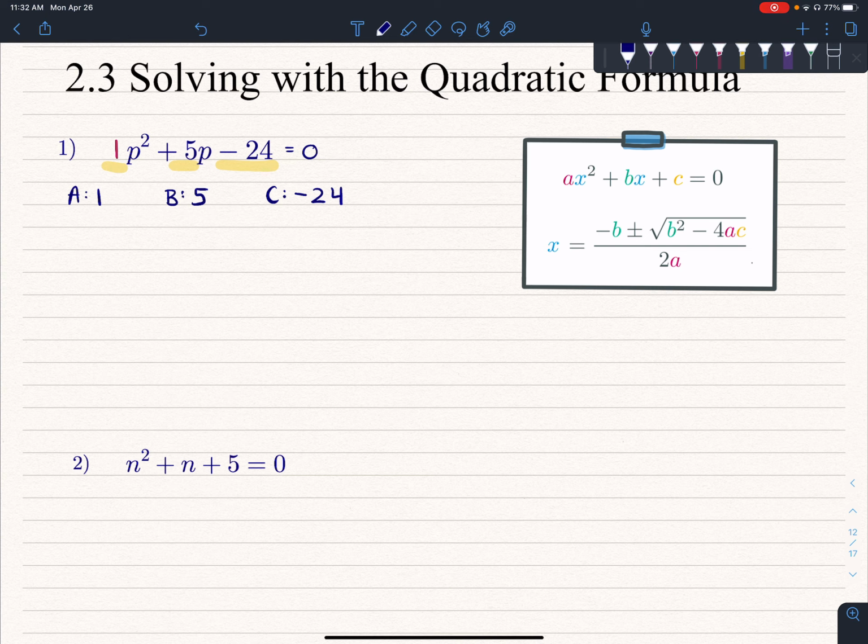Okay, so now we can put in our formula. So we have negative B plus or minus the square root of B squared minus 4 times A times C, all divided by 2 times A. It's big.